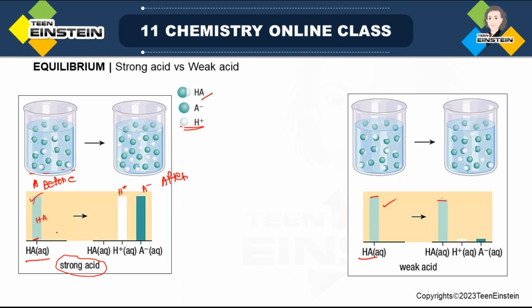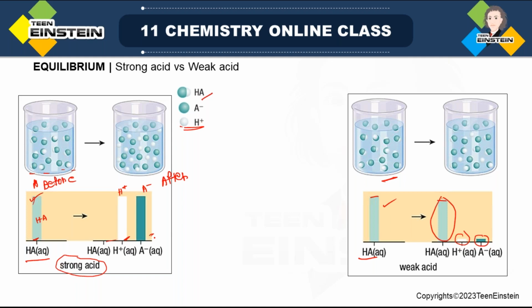In the previous case, you can see this color is not present in the right hand side because all of these molecules are in dissociated condition. But here most of these molecules are in undissociated condition. That is the reason the height of H plus, denoted by this white color, and A minus, denoted by this deep green color, is very low, but here the height is very high.